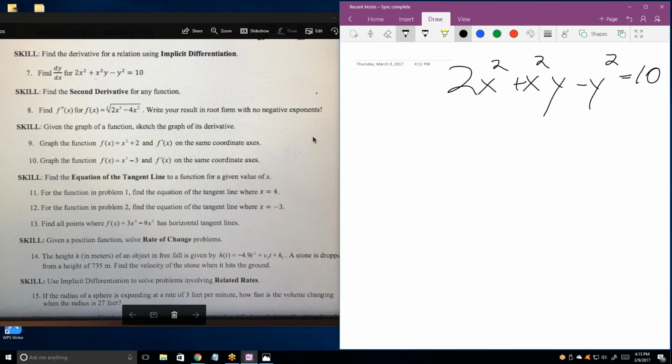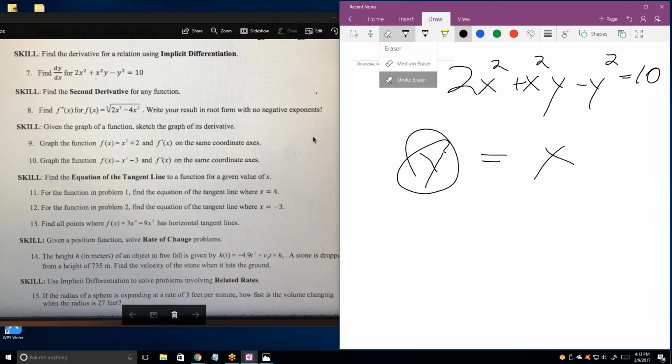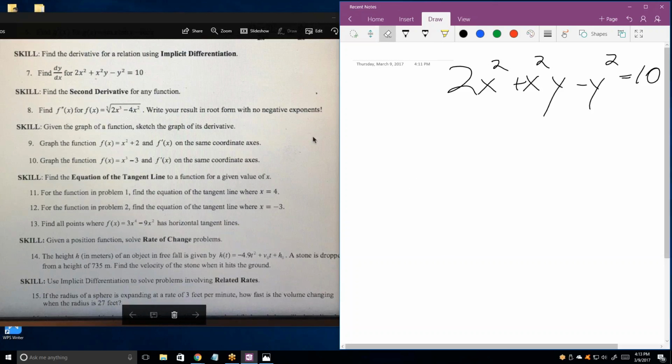Well, with explicit differentiation, everything starts with y equals something, and everything on the other side is x. So it's really easy to just apply the rules of differentiation explicitly, because the left-hand side is y. But when you're using implicit differentiation, that's not the case.